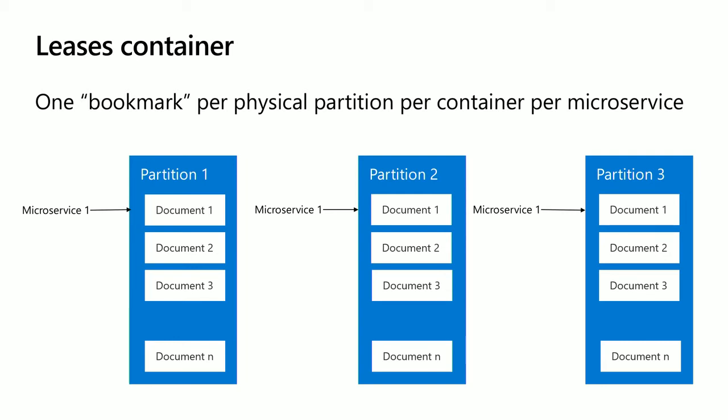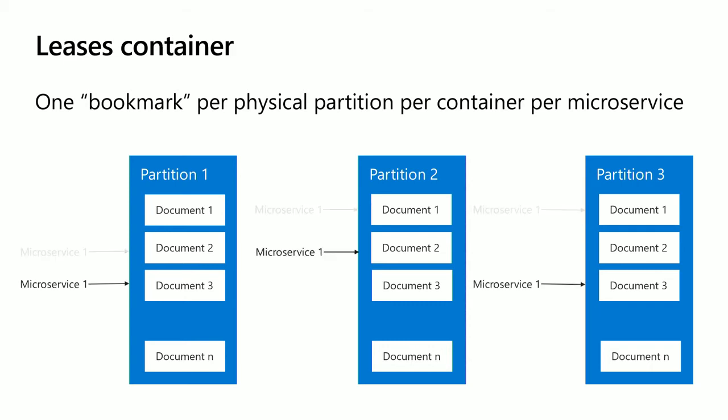Let's imagine in this scenario I have 3 partitions. When I started today, I created 1 microservice that has a bookmark for which document it's last processed. And as it processes more documents per partition, it's going to progress further down in reading from the change feed.